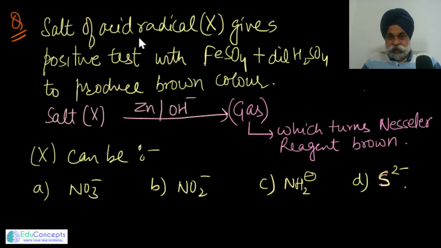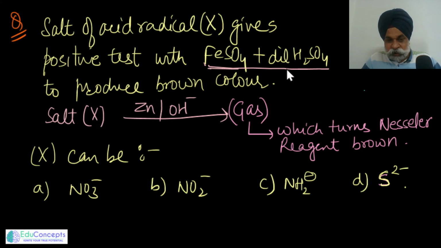They said that acid radical X gives a positive test with ferrous sulfate, and when I talk about brown color, this gives me information about what we call the brown ring test.